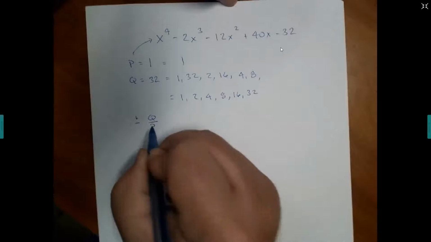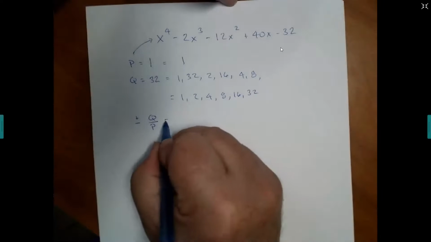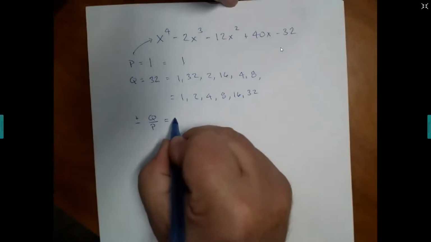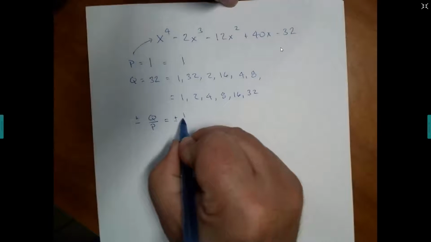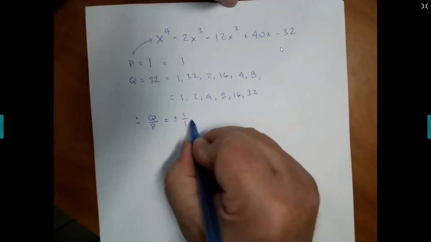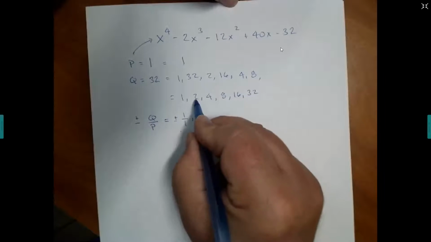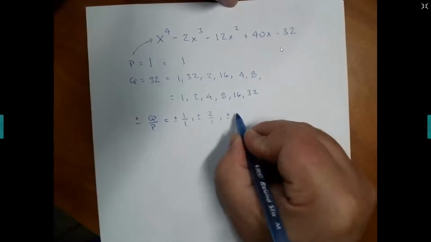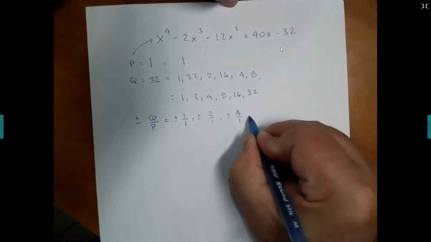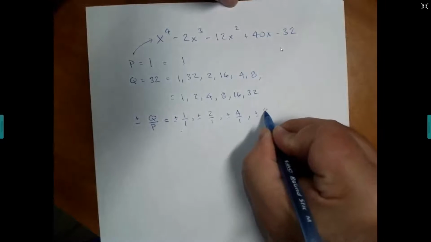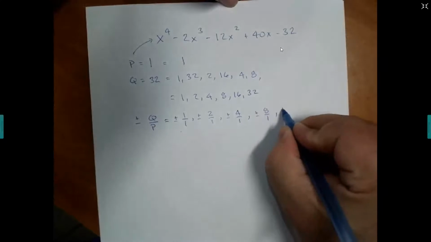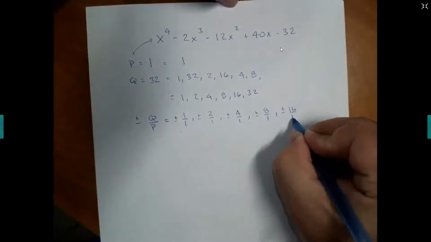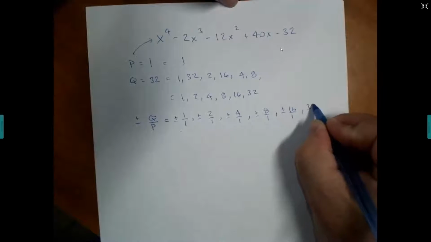Now we take all possible combinations of Q over P. So 1 over 1, 2 over 1, 4 over 1, 8 over 1. Notice I put in plus or minus in front of all those.